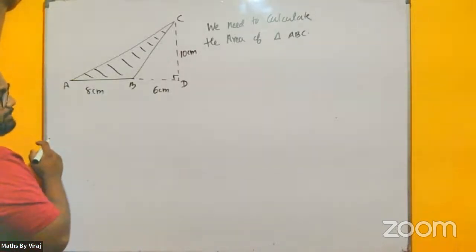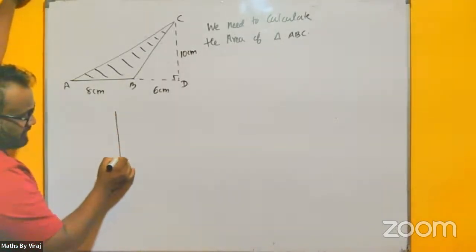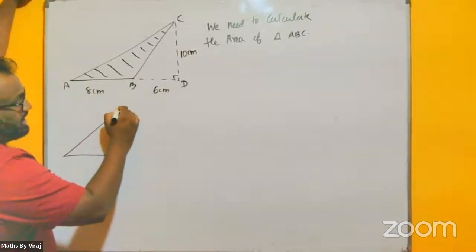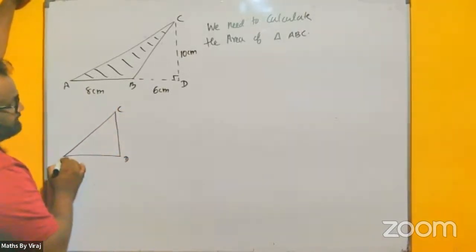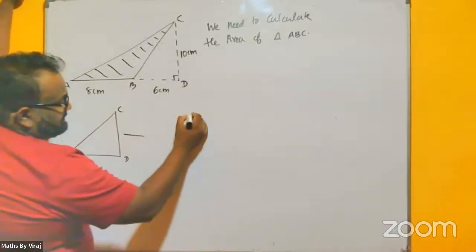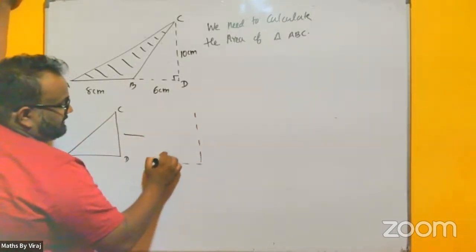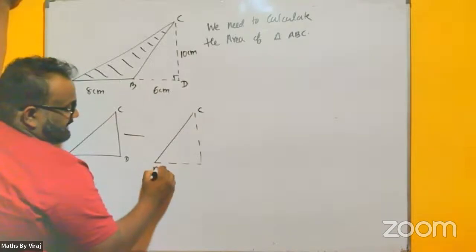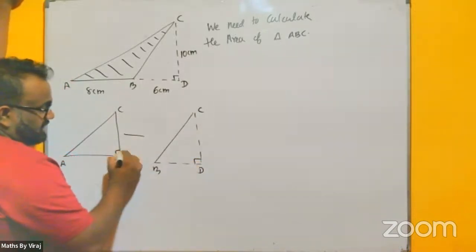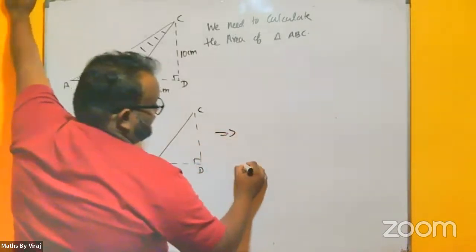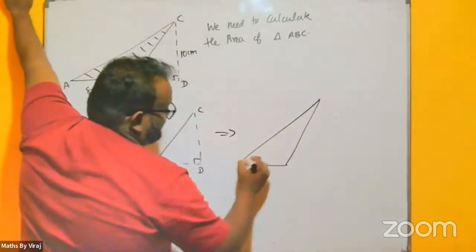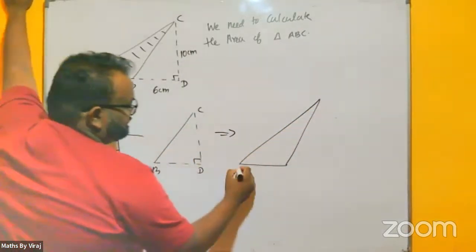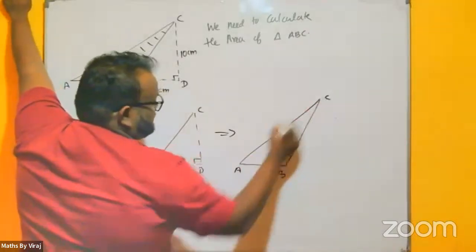If it is to be perpendicular to each other, from the largest triangle ACD, if I subtract the smaller triangle CBD, I should get the area of the desired triangle ABC. Yes or no?